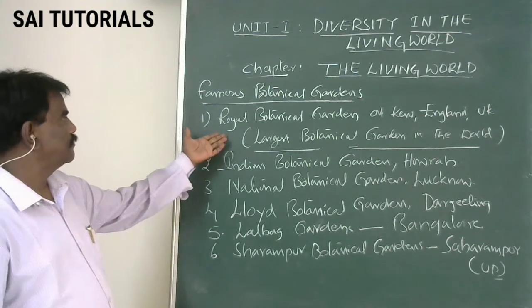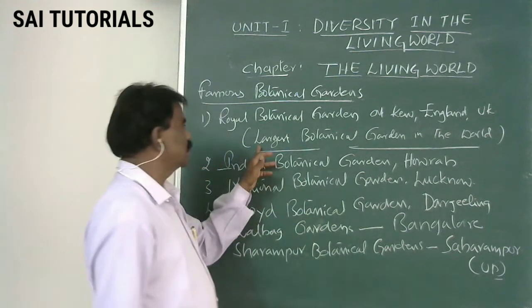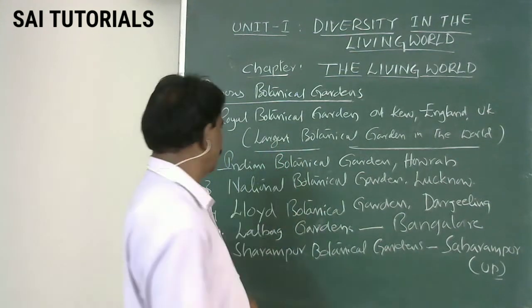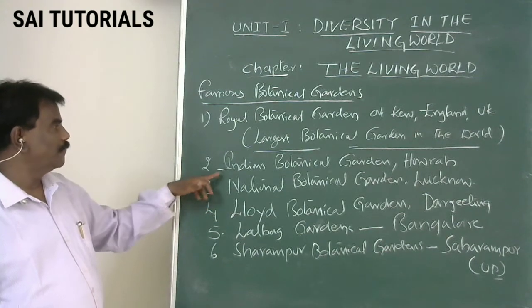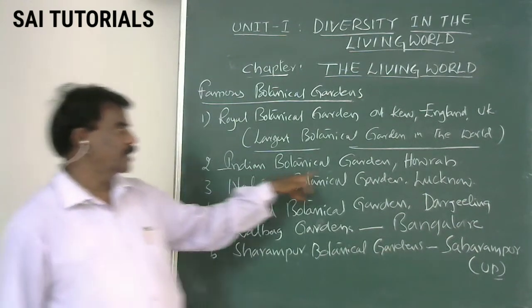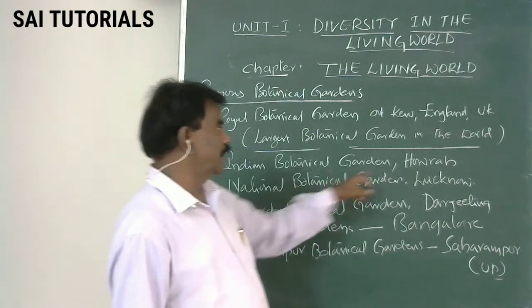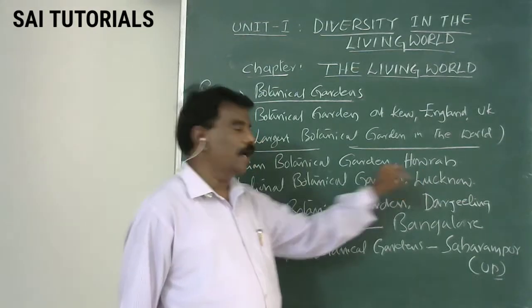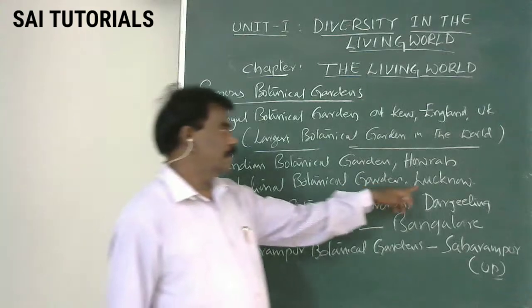First, Royal Botanical Gardens at Kew, England, UK. This is the largest botanical garden in the world. And nationally, in India, there is the Indian Botanical Garden, the largest botanical garden in India. It is situated at Howrah. And the National Botanical Garden is at Lucknow.